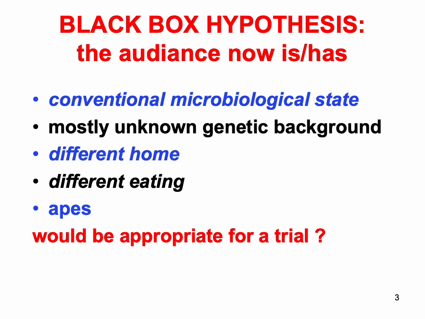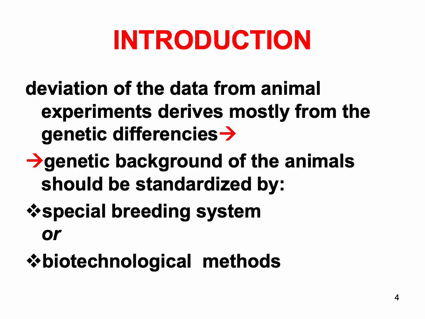This would be the question in case of the animals, but we can help by standardizing the different environmental factors like the feeding, the keeping, etc. But first of all, the genetics. The deviations of the data from animal experiments mostly derive from genetic differences.